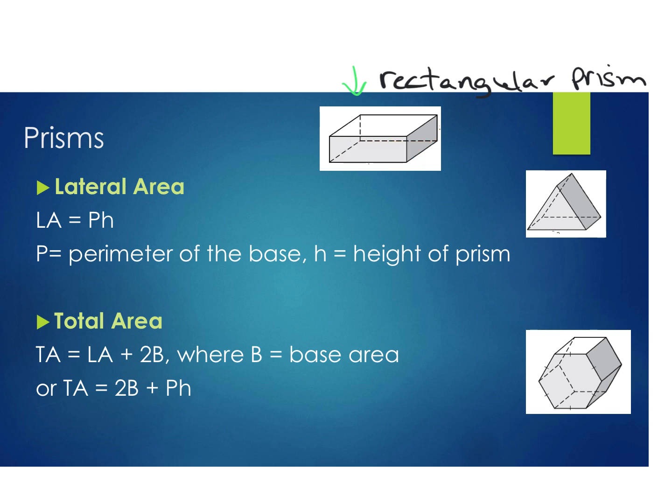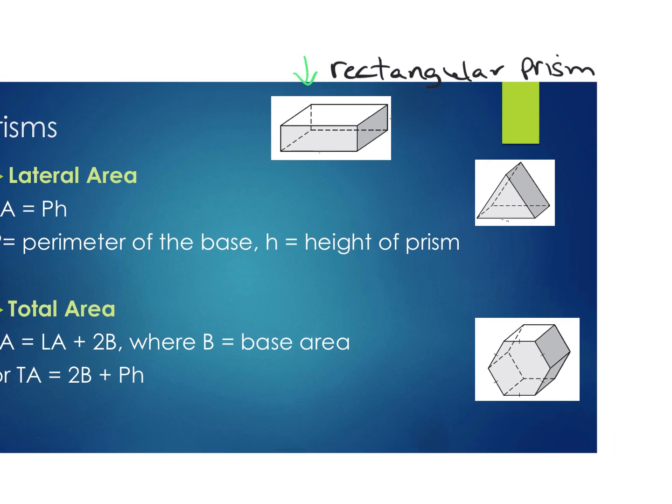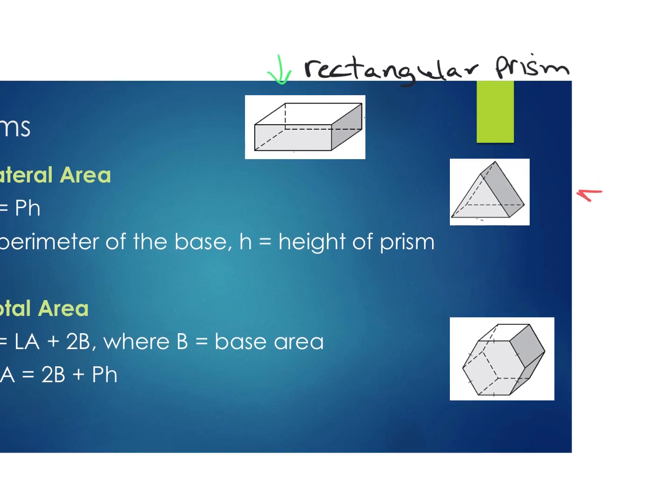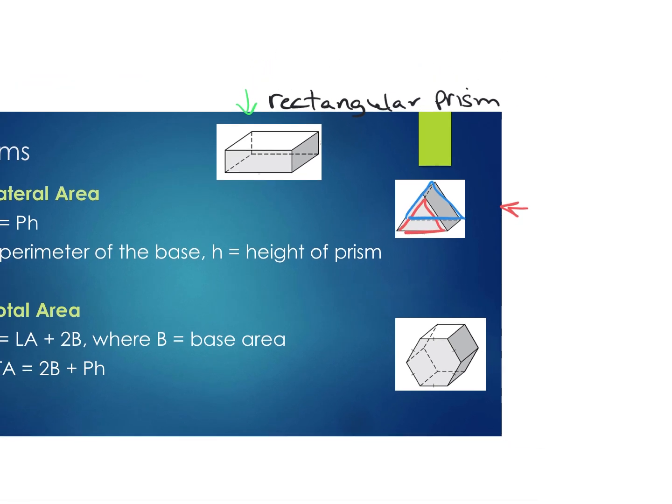Then the second solid that's pictured here, notice you're looking for the shape that you have 2 of, and I actually have 2 triangle faces here, which would make this a triangular prism. Notice it's not sitting on its base.